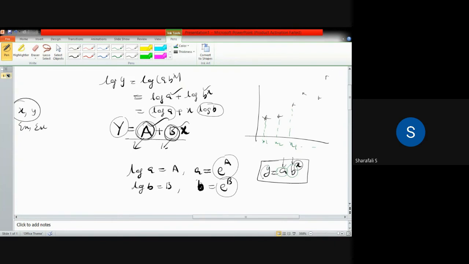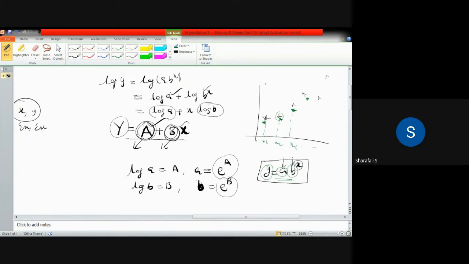To find the corresponding point on the exponential curve, you just substitute the a and b values with that x. For the first point, we have x1 and these values, so it may be somewhere here. And again, if you put the next x value, you get y somewhere here, and the next x value somewhere here.